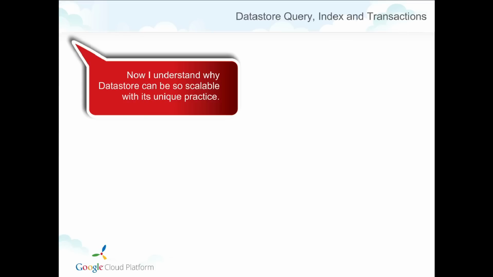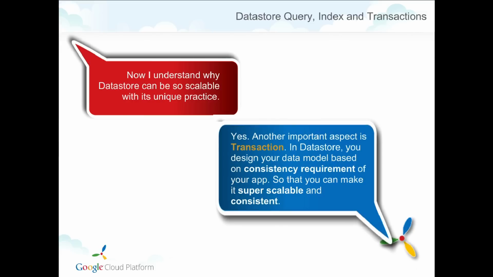In traditional relational database models, you don't have to care about the transactional requirement when you're designing your schema. But in Datastore, the data model is closely related to the transactional requirement. So by designing carefully, your data model can make your application super scalable and yet consistent.